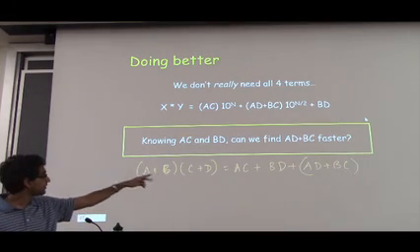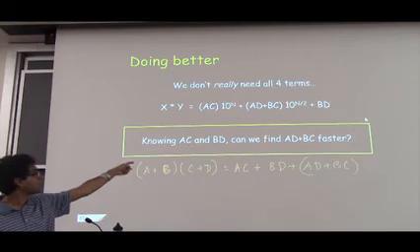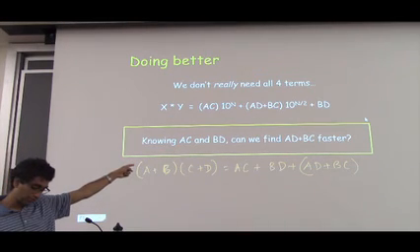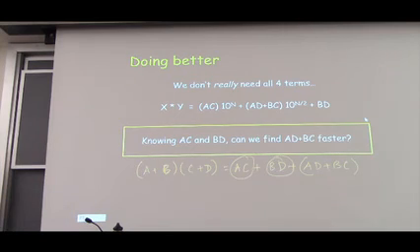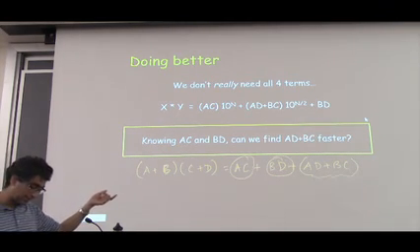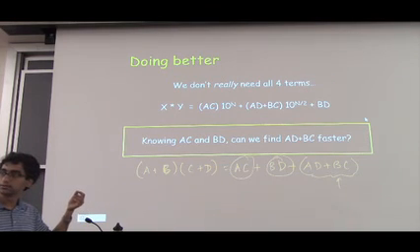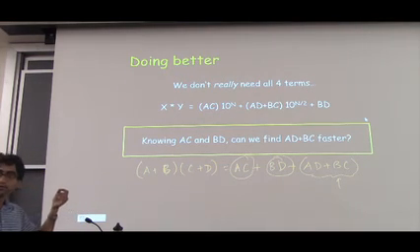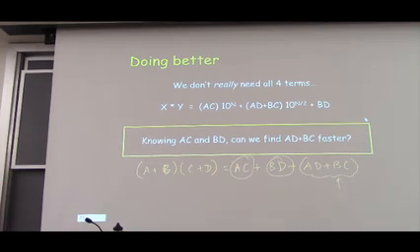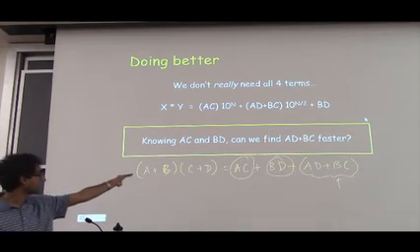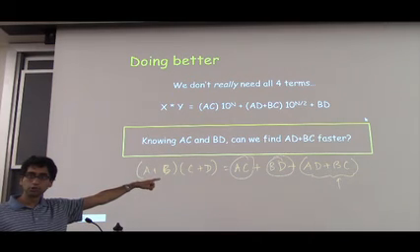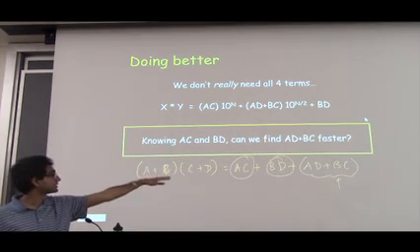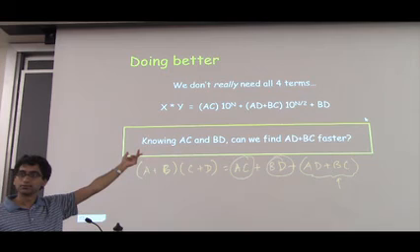We said before that you already found AC and BD, so these two you've already computed. Now all we are interested in is AD plus BC. So if you computed this product and you subtracted AC and BD, then you get exactly this extra term that you want.